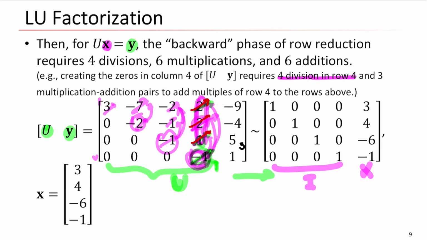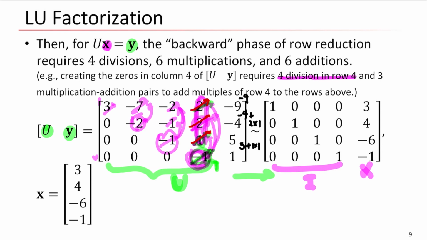So 5, then plus 1 times 1, right? So in this case, -4 plus 2 times 1, something like that.